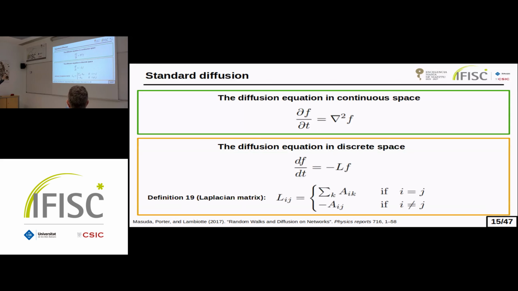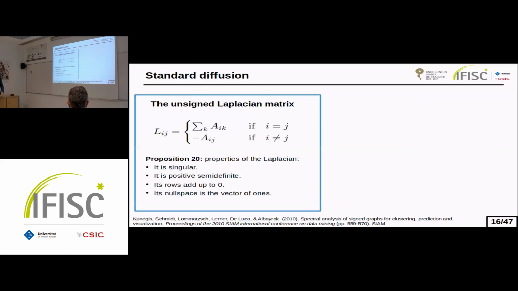So instead, we use this matrix called the Laplacian matrix, which has diagonal entries equal to the nodes' degrees and off-diagonal elements equal to the negative of the adjacency matrix. This matrix is always singular, so it always has 0 as an eigenvalue. It is positive semi-definite.